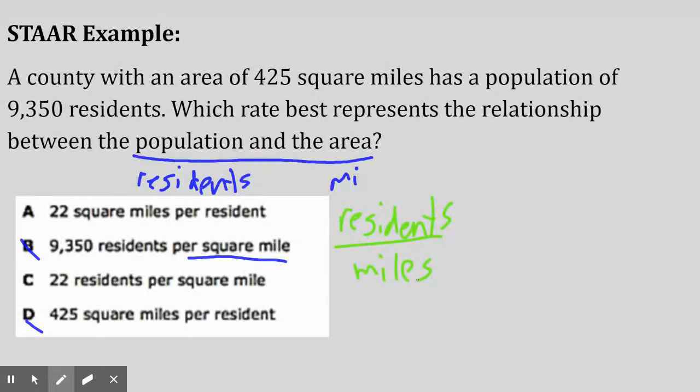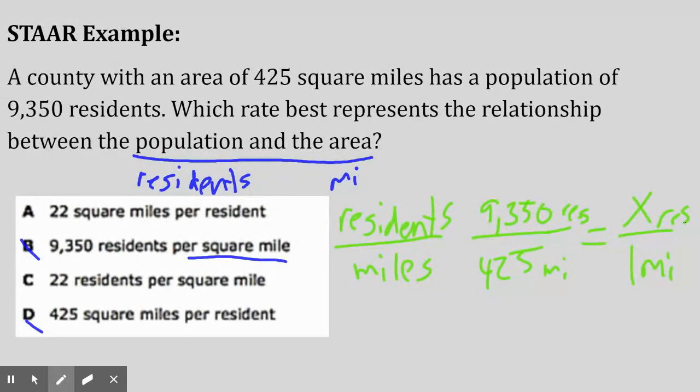Well, what I know is that I have 9,350 residents per 425 square miles. I'm not going to write out residents just because I don't have enough room, so I abbreviated it. So I know that in 1 mile, I need to figure out how many residents there are.